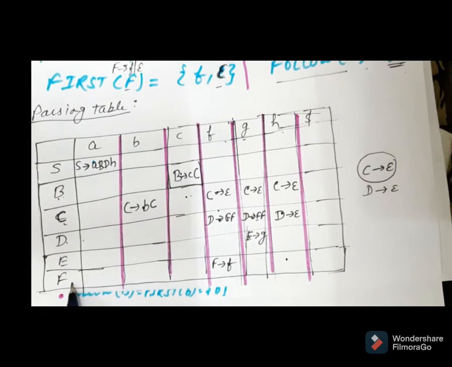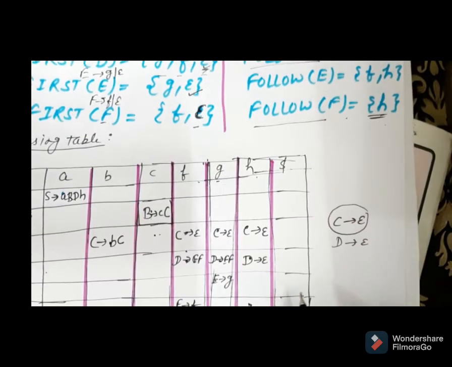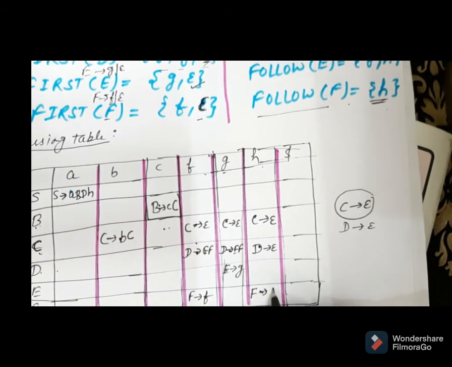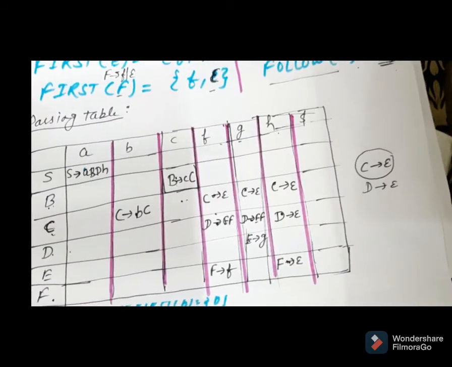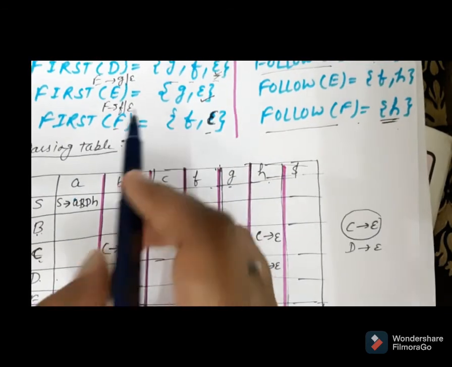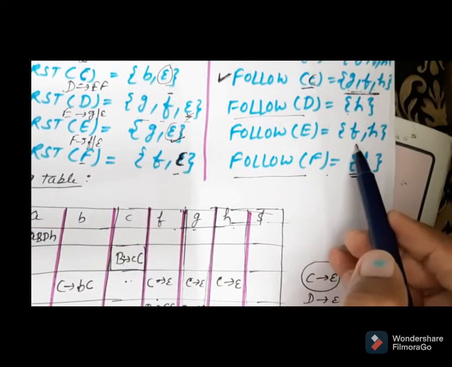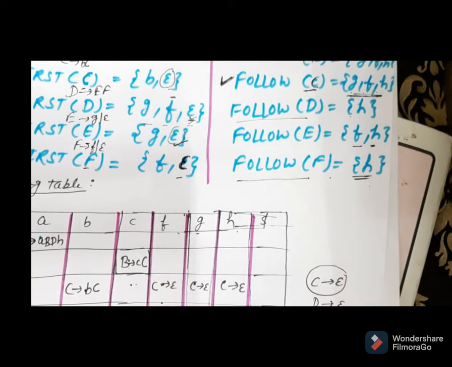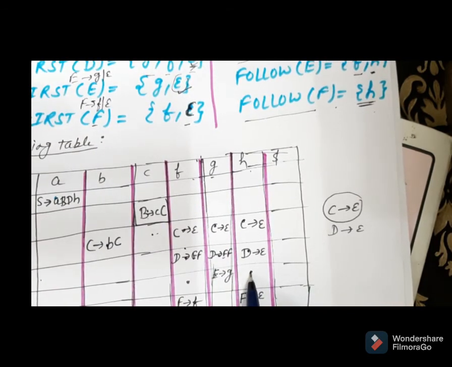F. For F symbol I will use this cell and I will write F tends to epsilon. And for E, there is also epsilon, and in the follow set F and H. So for F and H, F is here, H is here.